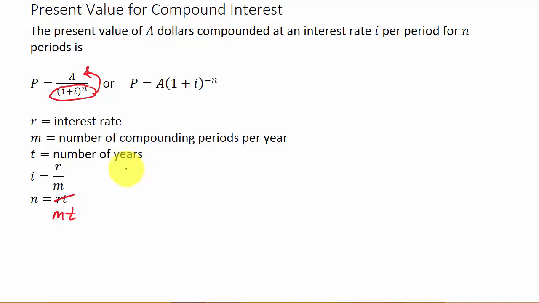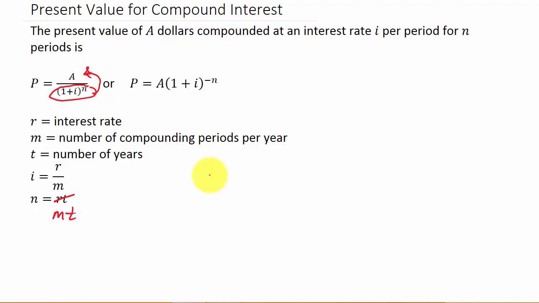All right, so now let's talk about what present value is. Let's say that in 5 years you want $10,000, and the money is going to earn interest at some rate, compounded either monthly, quarterly, semi-annually, annually, whatever.